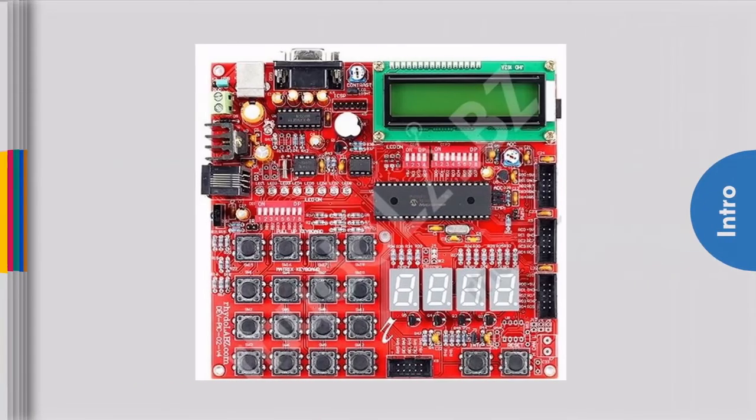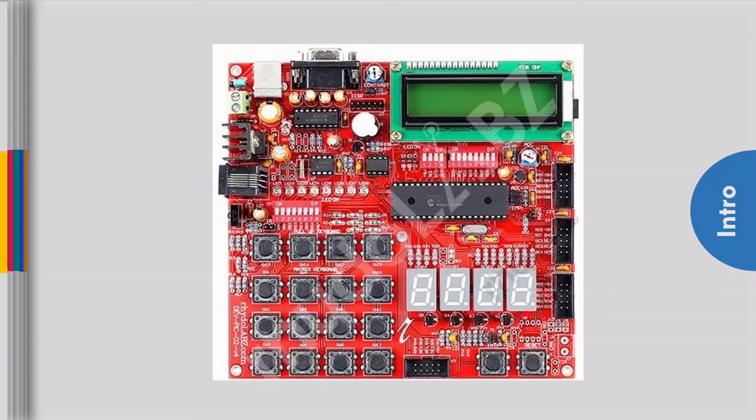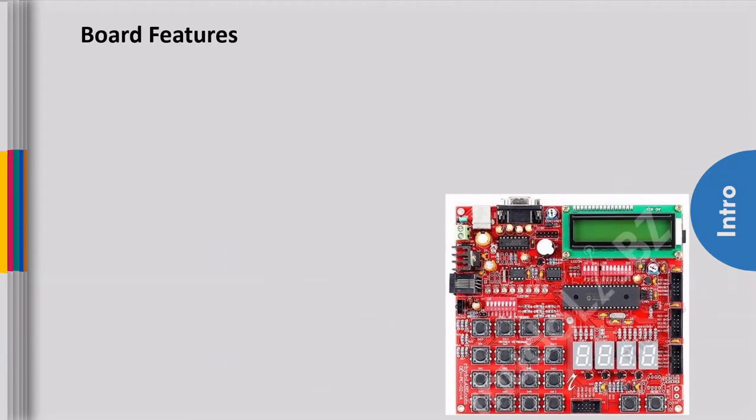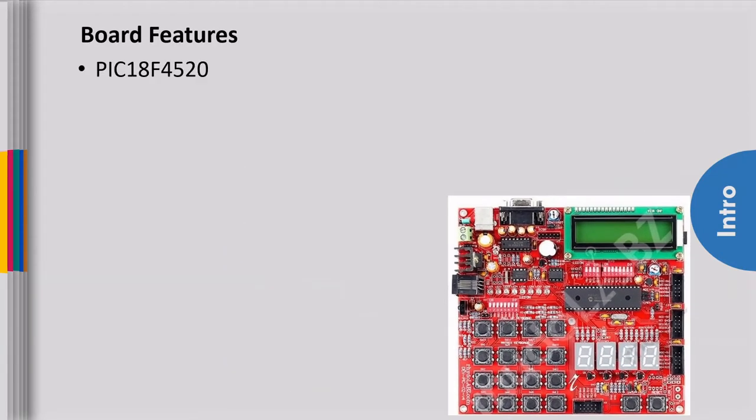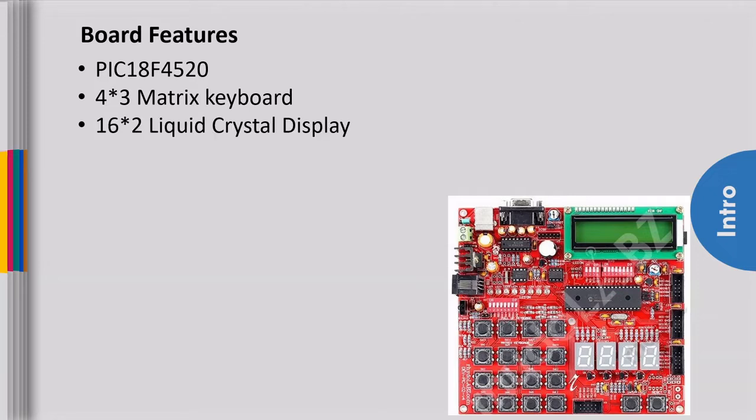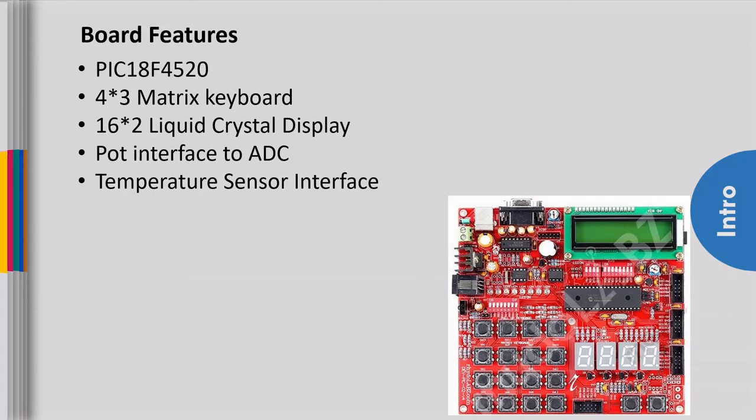So we are going to use this development board, which has a major component, the PIC18F4520 microcontroller. It also comes with a 4x3 matrix keyboard. It also has a 16x2 LCD display. It also has one potentiometer to interface with your ADC, as well as one temperature sensor, the LM35.